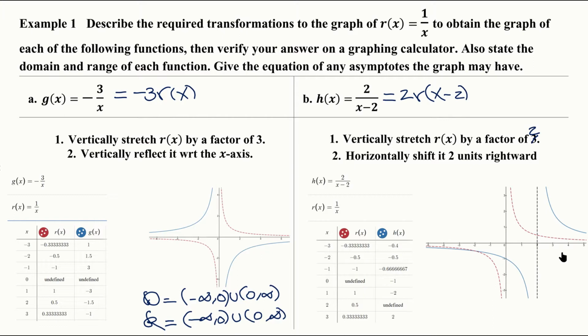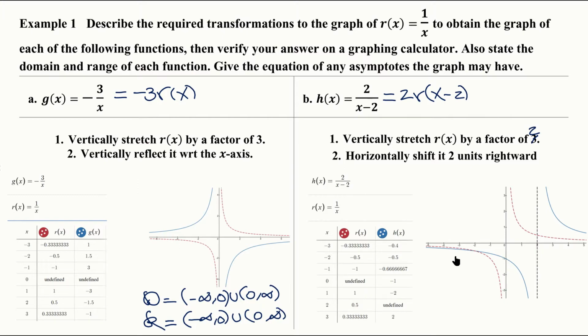So there we are. So notice that the reference function 1 over x is given in red here, and the actual function we want to graph, 2 over x minus 2, is shown in blue.